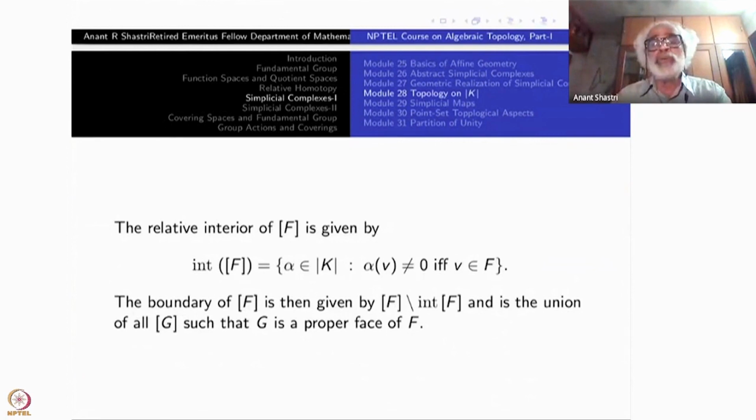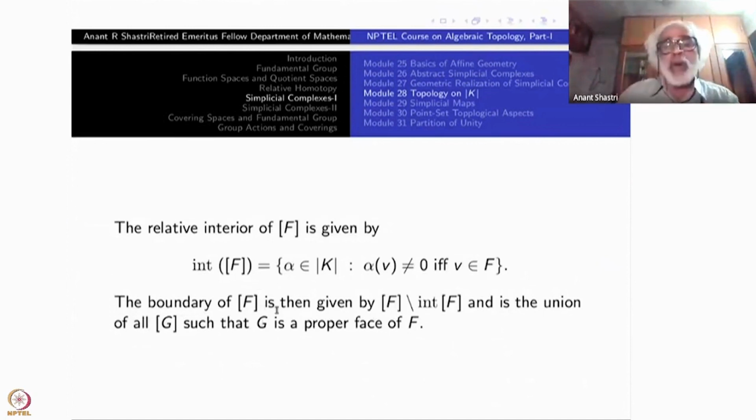So the interior of F is precisely those alpha for which alpha V is not 0. This is another notation, which we have already defined as open simplex F. Now you know why it is called open simplex F. It is the interior of mod F. So inside the closed simplex F, the open F is an open subset.